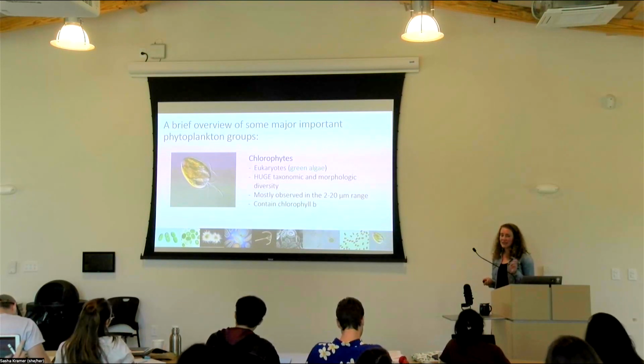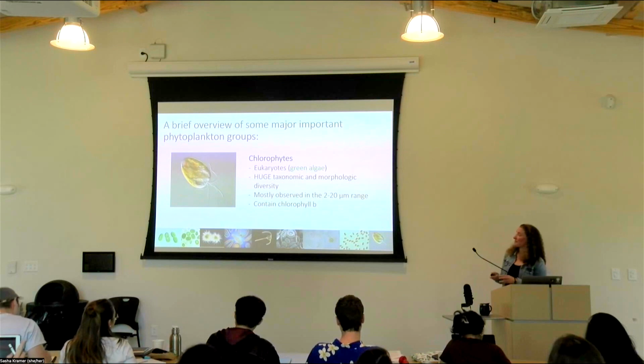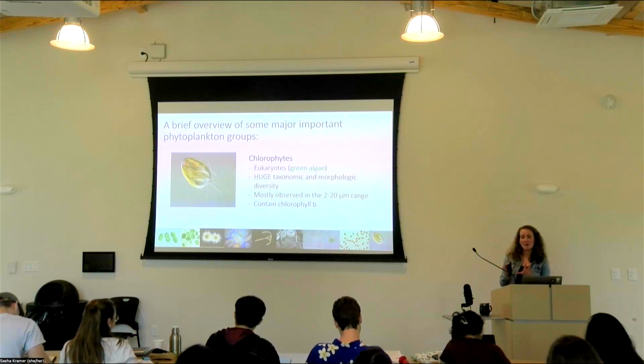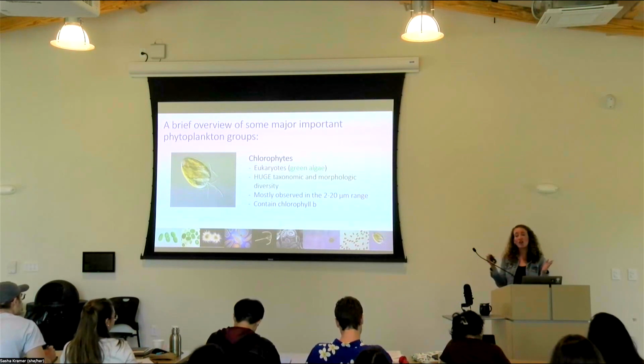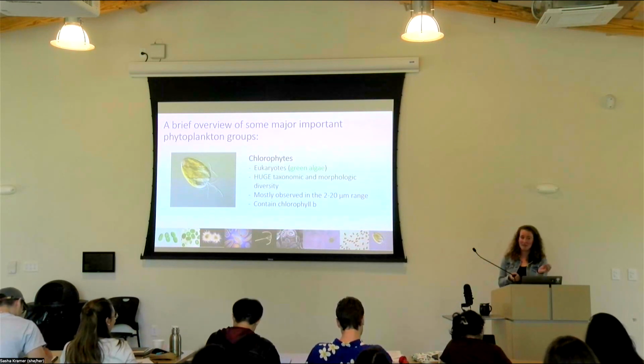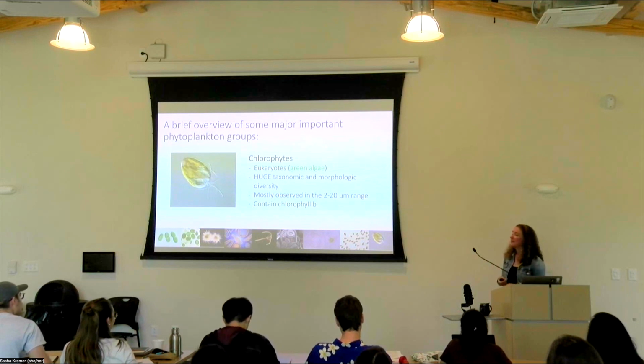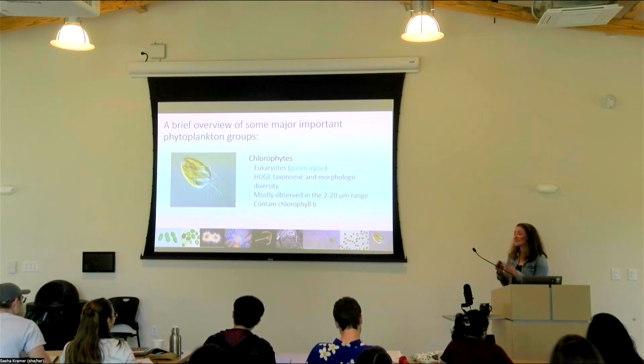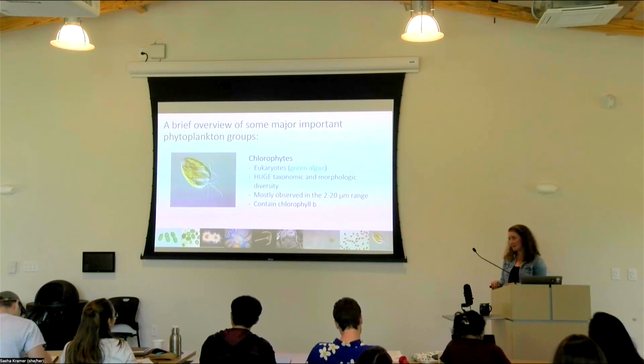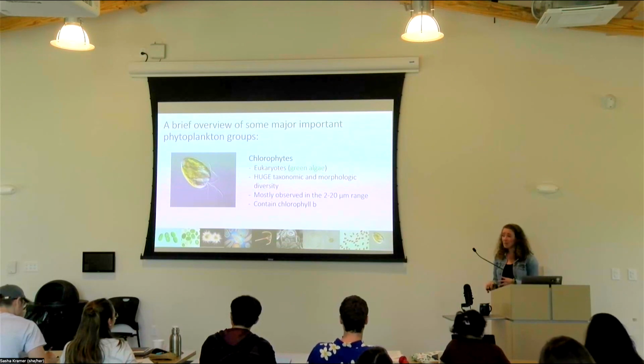I'm going to show a slide in one second that will explain that a little bit, but just to quickly let you know, they are mostly in the nano size range, although they can span that whole nano sized range, from the smallest end to the largest end, and they contain chlorophyll b. So that's a way to separate them from other phytoplankton. That's their major accessory pigment. We'll talk a little bit more later about some ways to detect chlorophyll b in the environment and how that can be used to separate chlorophytes from other phytoplankton.